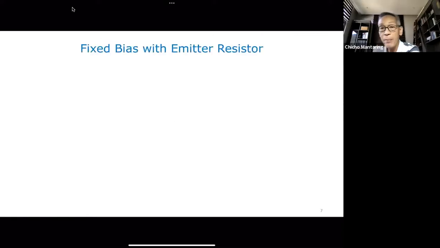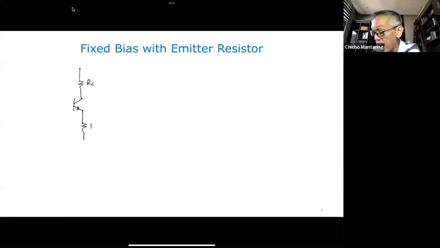So what is a better biasing scheme? Well, it just so happens that if I put in an emitter resistor, my bias point becomes more stable with respect to beta. So how will that look? This is RC.